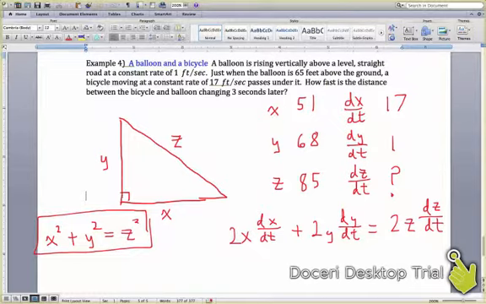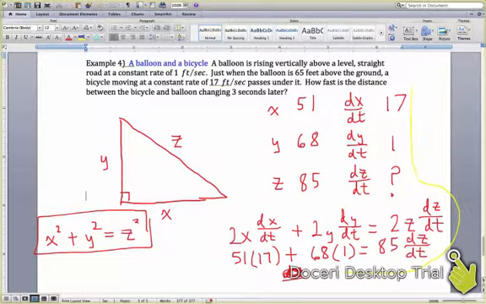And now plug in, and you can solve for dz/dt. So after you do the math and you solve, you get that dz/dt equals 11. And that is going to be in feet per second.